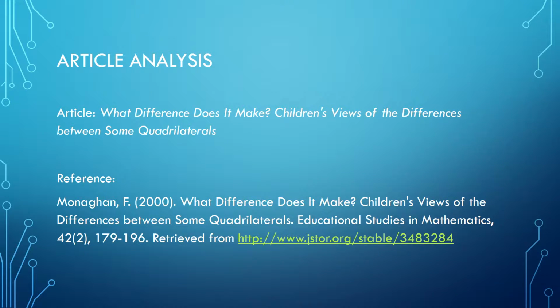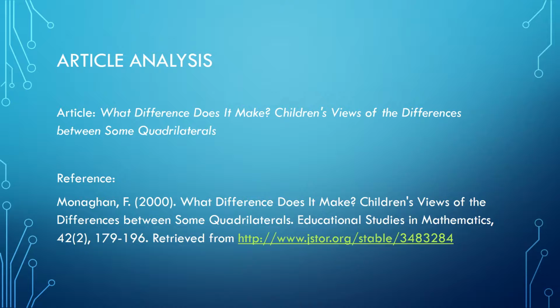Okay. The first article that I read was "What Difference Does It Make? Children's Views of the Differences Between Quadrilaterals." The reference is right here at the bottom of the screen. This article talks about student perspective of quadrilateral shapes and their conceptual knowledge about differentiating between them.